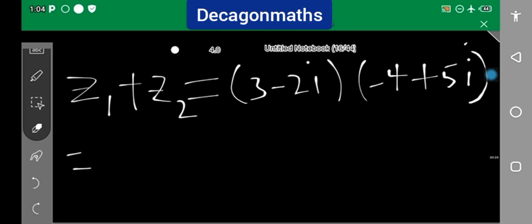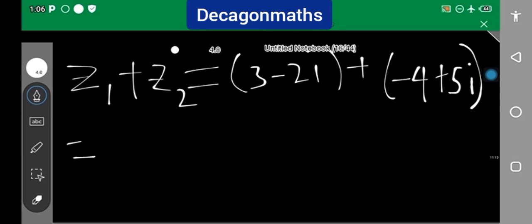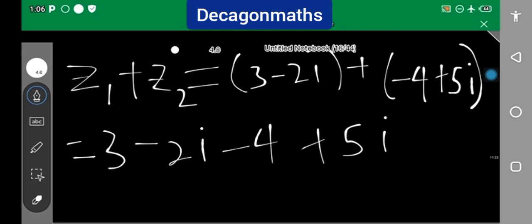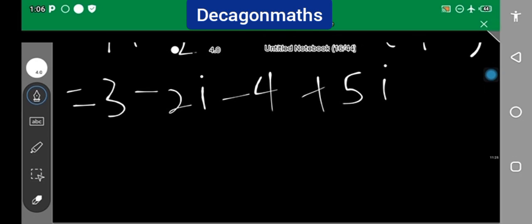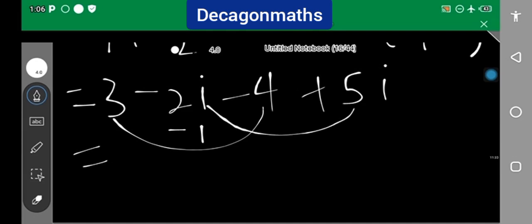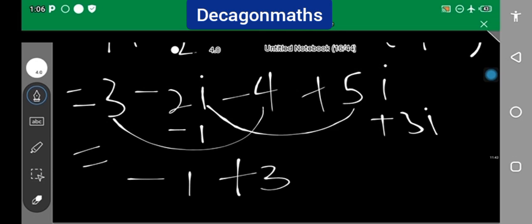So by expanding this we have 3 minus 2i minus 4 plus 5i. So we have that 3 minus 4 is minus 1, and minus 2i plus 5i gives plus 3i. So our result is minus 1 plus 3i.